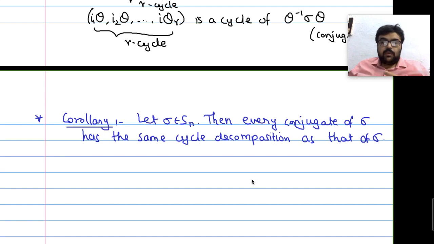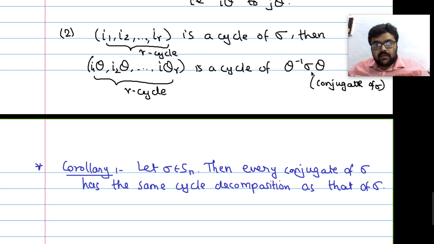Right? So two conjugates give the same cycle decomposition, because conjugation is doing nothing. If I take the conjugate of sigma with respect to theta, whatever the r-cycle of sigma is, its length will remain the same, only theta will be applied. If I take the conjugate of sigma with respect to psi, that is psi inverse sigma psi, what will it do?